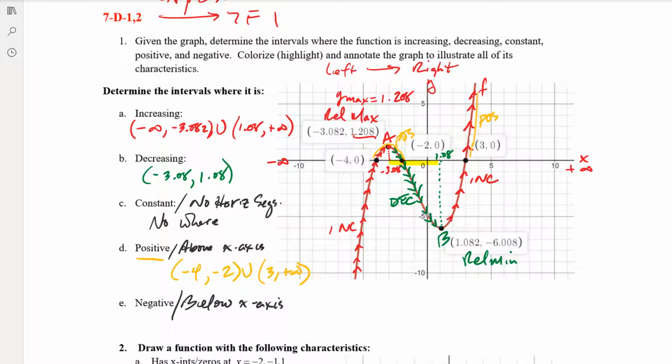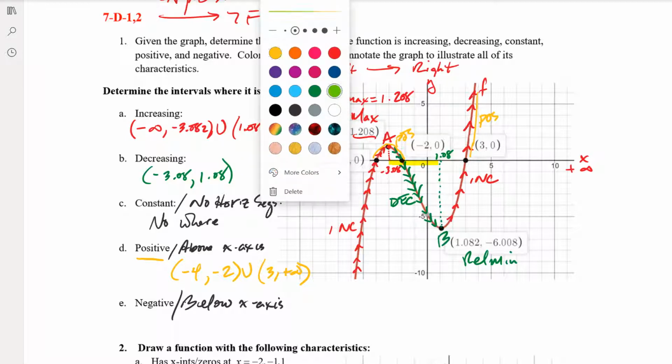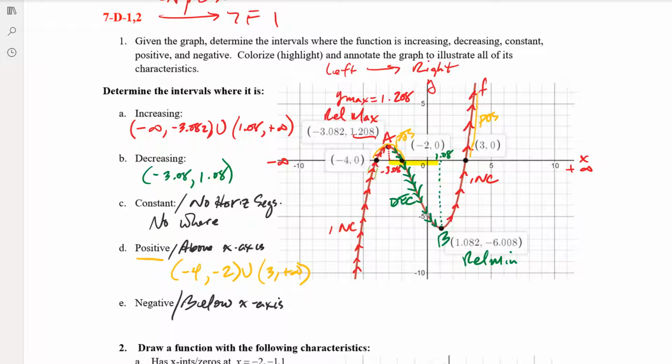Now, if it's below the x-axis, we call the function negative there because all the function values happen to be negative. So it's negative in this region, from negative infinity all the way to that x-intercept at negative 4. So negative infinity to negative 4.